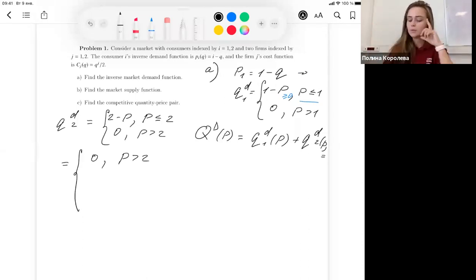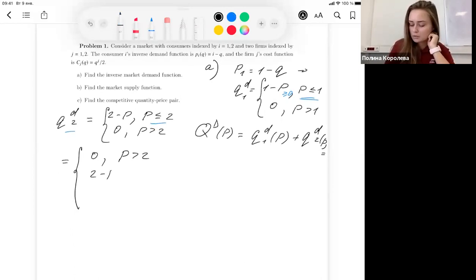Yes. Then we see that we have this interval of prices between 2 and 1. Yes. And in this interval of prices, only second consumer demands. So here will be 2 minus P if price belongs from 1 to 2.